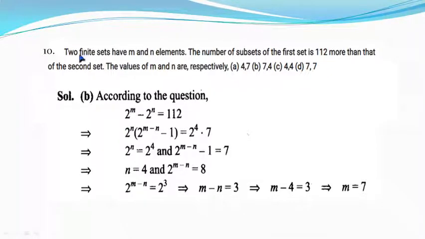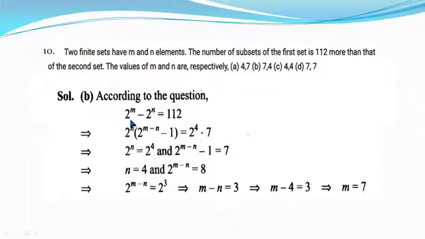They are saying the two finite sets have m and n elements, and the number of subsets of the first set is 112 more than that of the second. So, let's say, for the first set, 2 raised to the power m minus 2 raised to the power n is equal to 112, as per the given condition. Now in the first term, we can add n and subtract n in the power.